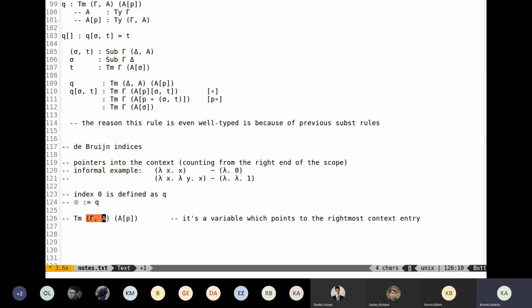If we extend gamma with A, then we have a variable which points to the rightmost context entry. So that's why it has type A, but of course it cannot exactly have type A because A lives in gamma, and now we need to have something in extended gamma. So that's why we have to use P to bring A into a larger context.